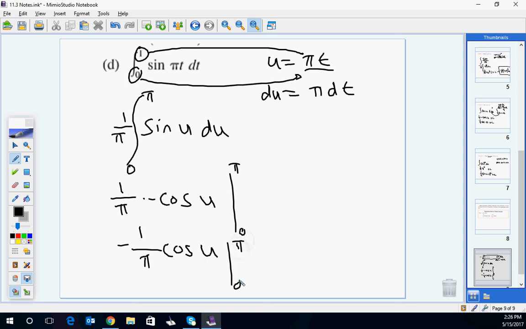Okay, so now we're thinking about what is cos of pi. Let's see here, the pi over t. Well, let's see here.